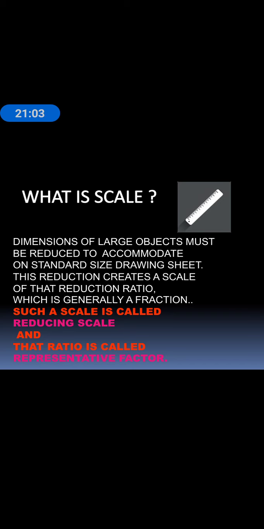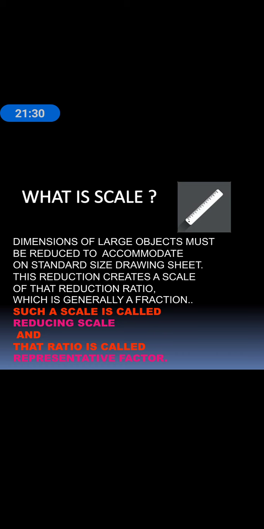RF is the representative factor, and LOS is the length of the scale. RF is basically defined as the length of the line in the drawing sheet divided by the actual length, and the length of the scale is the RF into the maximum distance to be measured.